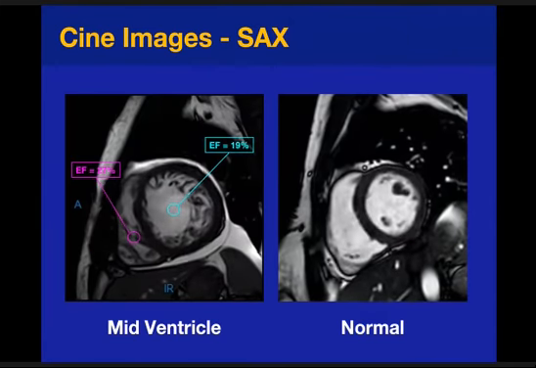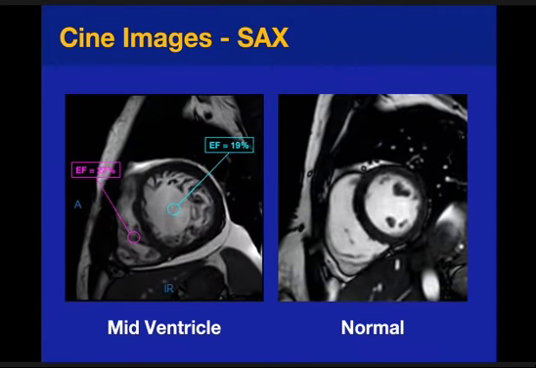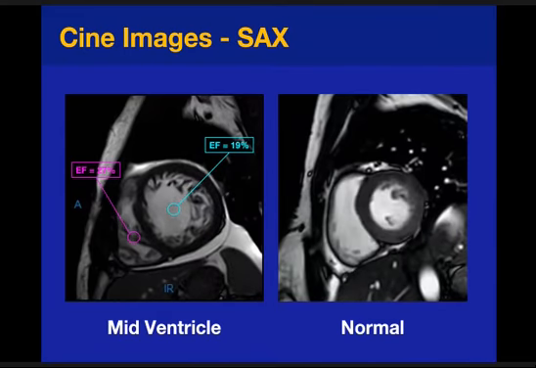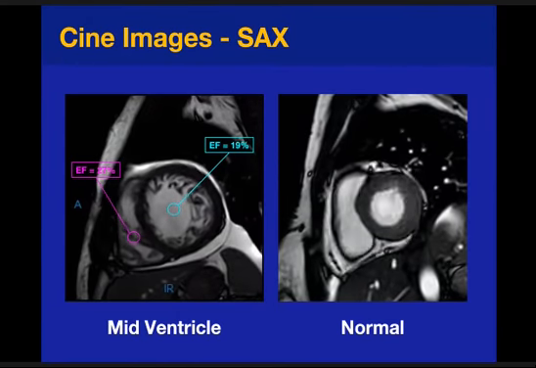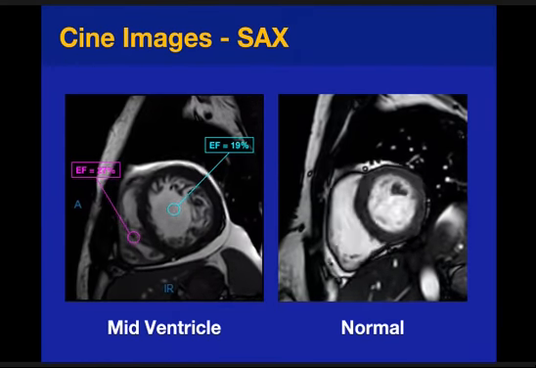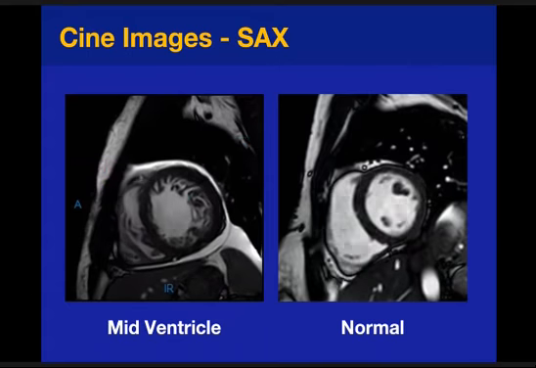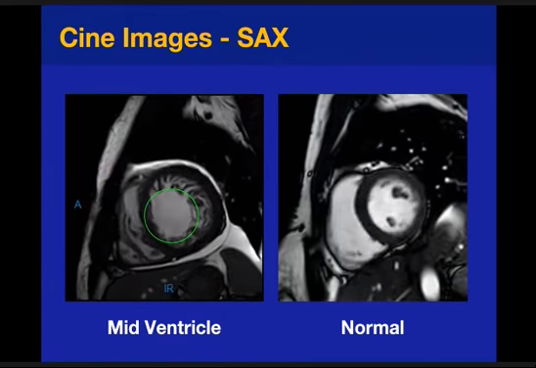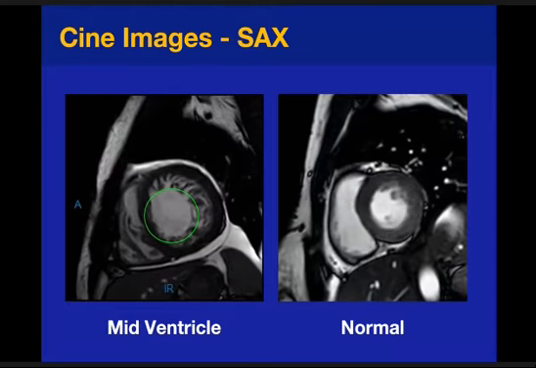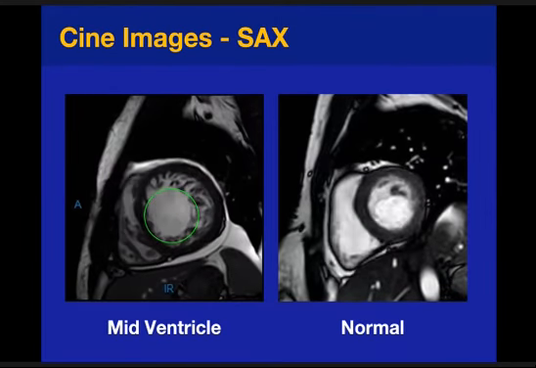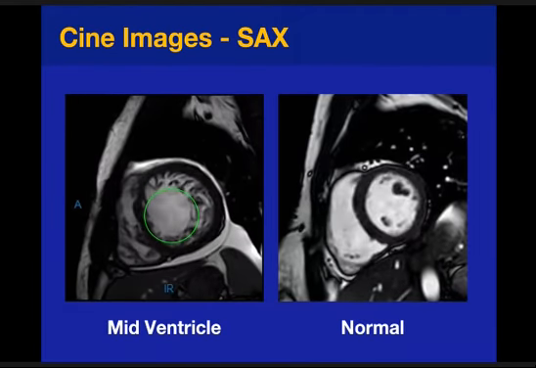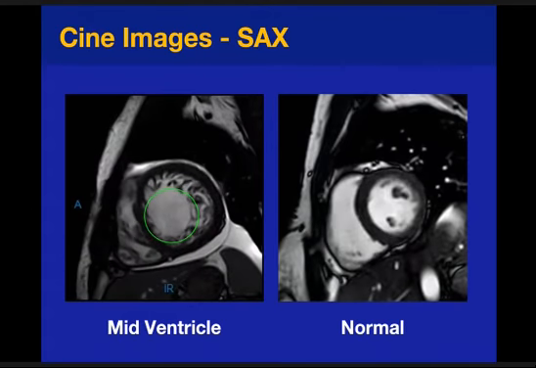Now, functional volumes done in this patient showed biventricular systolic dysfunction, most severely in the left ventricle. And if you focus on the area encircled in green, you can see areas of hypointensity or signal saturation within the ventricular cavity. These reflect intracavitary flow stasis.